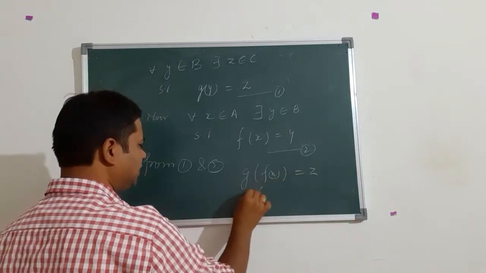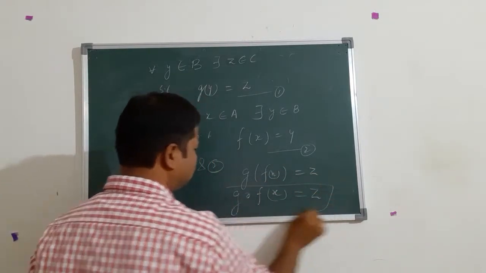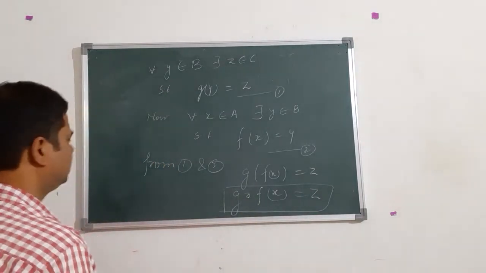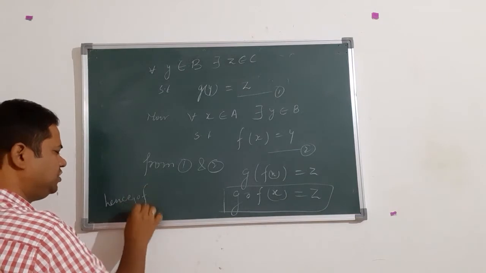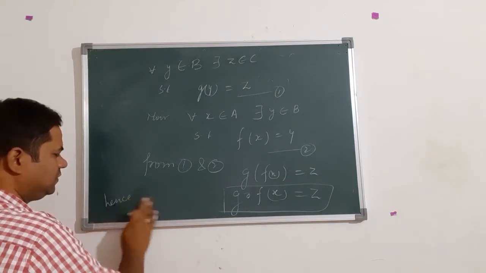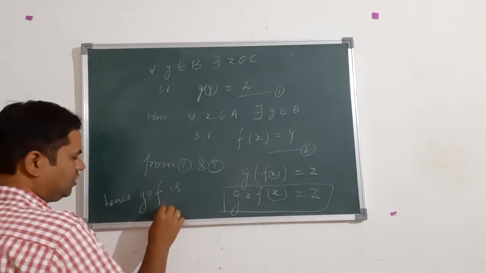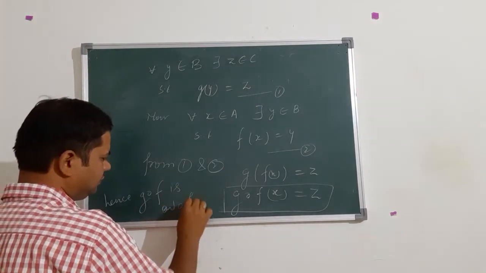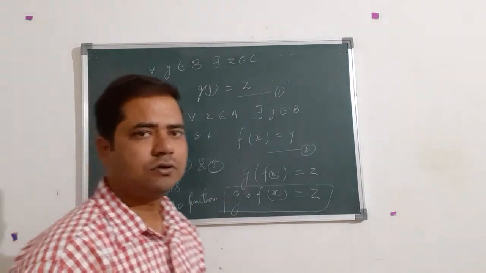So this is nothing but f composition g of x is equal to z. Hence, this is surjective. Hence, f composition g is an onto function. Okay? So note it down.